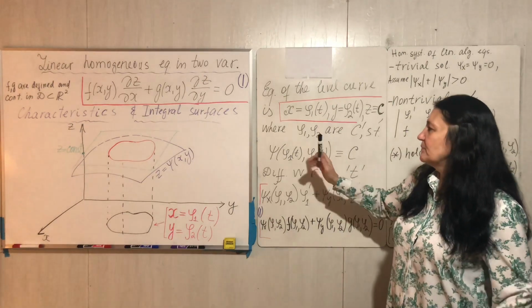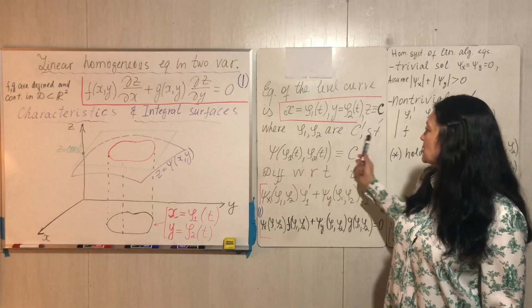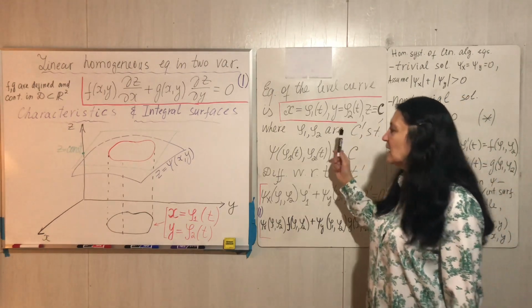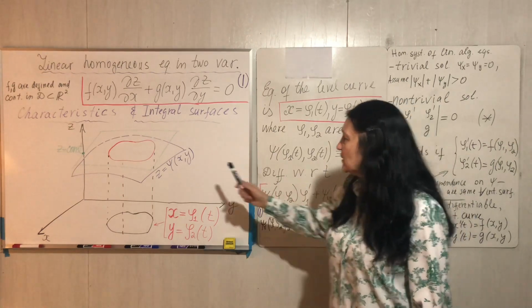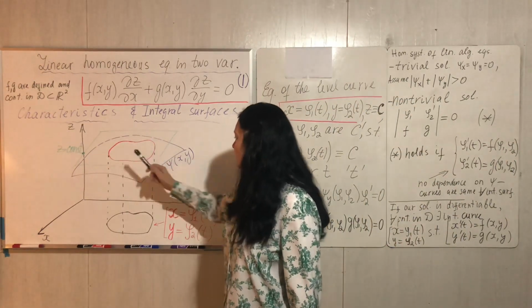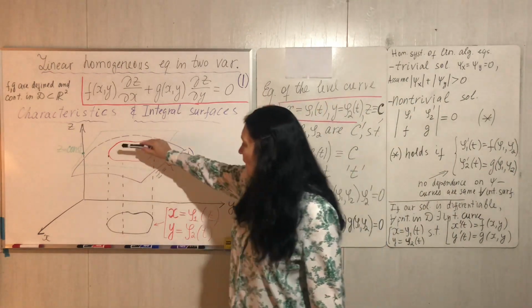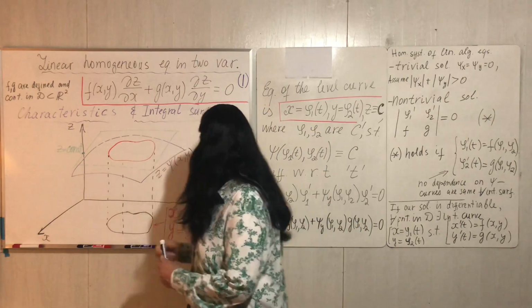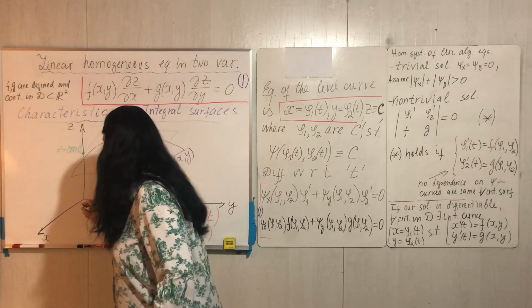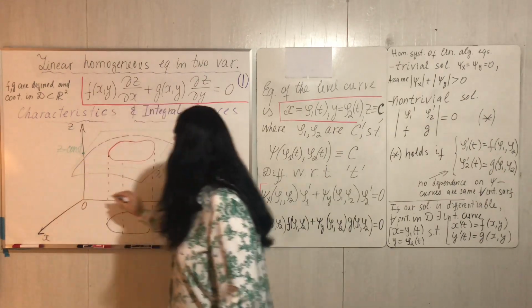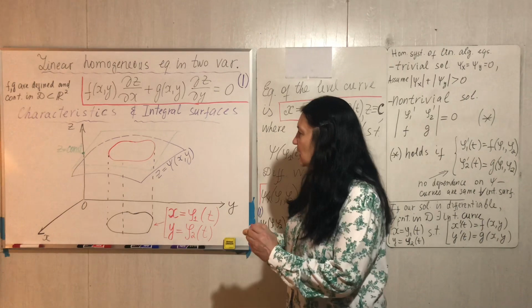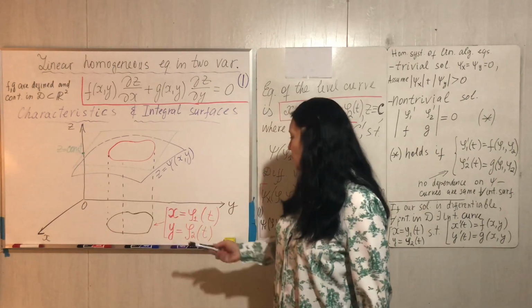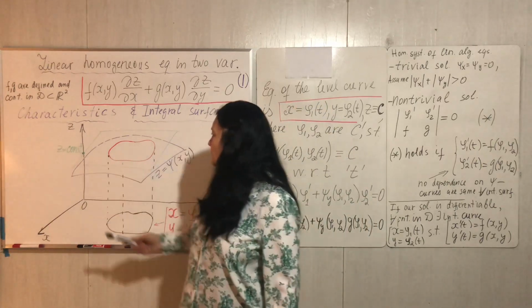Our functions are C1, so it means they're continuous and have continuous derivatives. So this is here in red. And we can project this curve onto the x-y plane, and we will get a similar curve here, just z will be equal to 0.